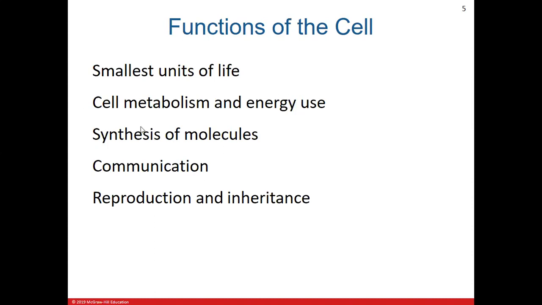It's also in charge of synthesizing, or producing, molecules. It has some communication functions as well, through various receptors, signals, and chemicals. And it also has the ability to reproduce and divide, going through cell division, and to pass along genetic information through inheritance.